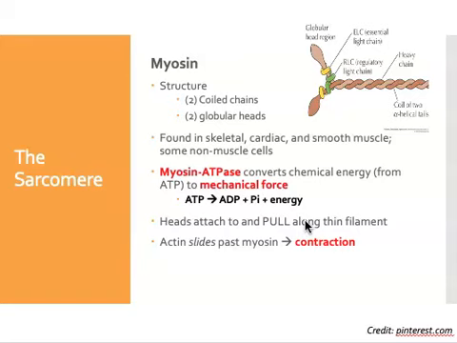The mirror image with the heads at either end is going to allow for those heads to hold on to the thin filaments and pull them towards each other. That's going to cause the sarcomere to shorten. Actin, the thin filaments, is actually sliding past the myosin as the myosin heads move, and that's what creates contraction.